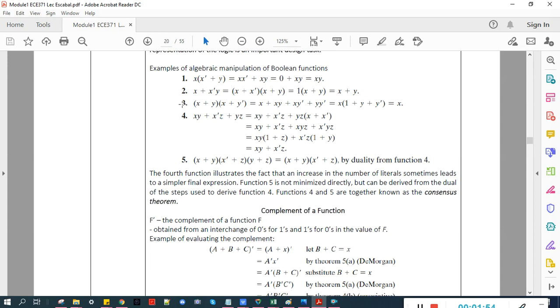For the third example, we have (x + y) ANDed with (x + y'). So we distribute each. So it becomes xx, which is just x, then we OR it with xy', then the second element yx.